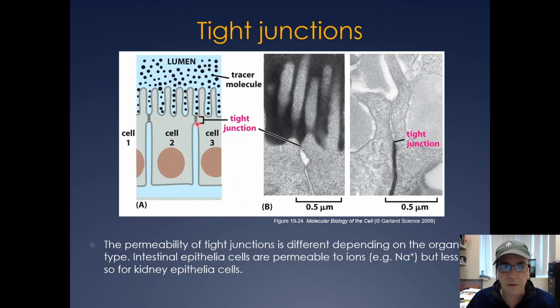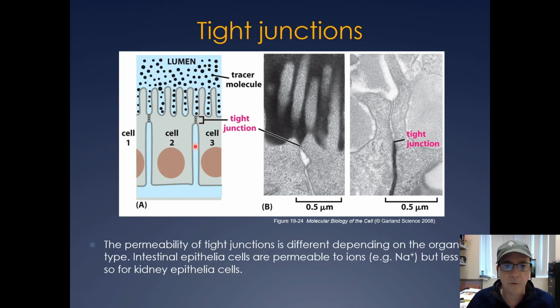So here's a nice little schematic of the tight junction, and then you can see these EMs where they're connected, and here's another one. And these really affect the permeability between the cells so that tracer molecules like this one out here cannot pass through. And so this makes it so the cells are permeable to ions, but less so for food sources.